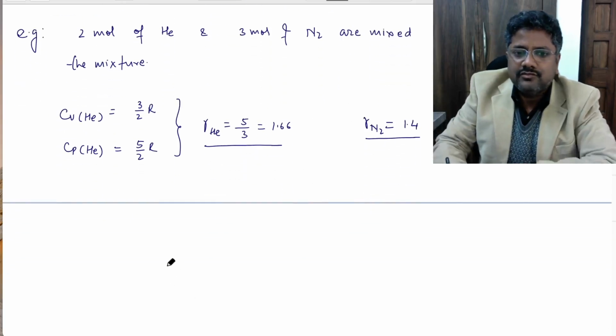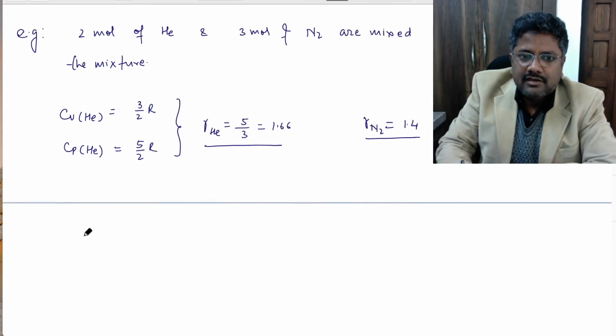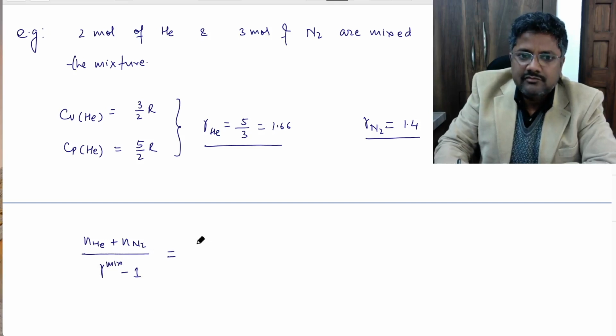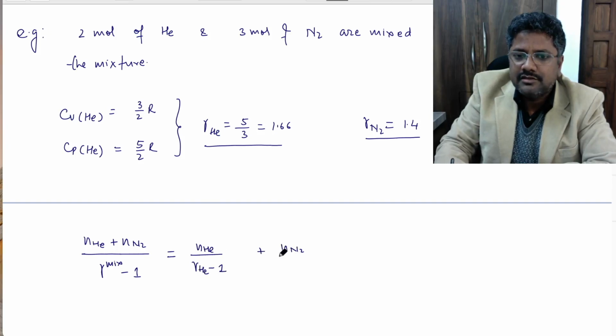So you can use the formula: moles of helium plus moles of nitrogen by gamma mixture minus 1 is equal to moles of helium by gamma of helium minus 1 plus moles of nitrogen by gamma for nitrogen minus 1.